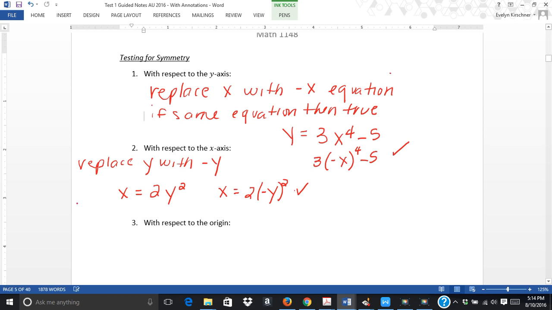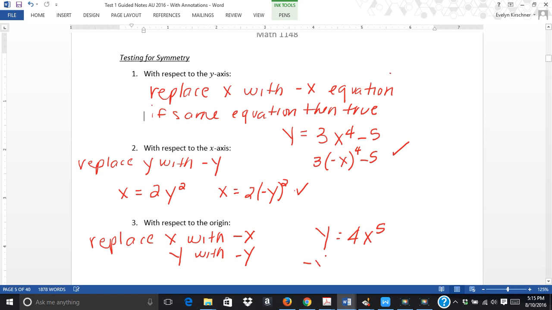Now with the origin, same idea, but now I have to do two replacements. I have to replace x with negative x and y with negative y and see if I get the same equation. So let's look at y equals 4x to the 5th. Let's see if this works.